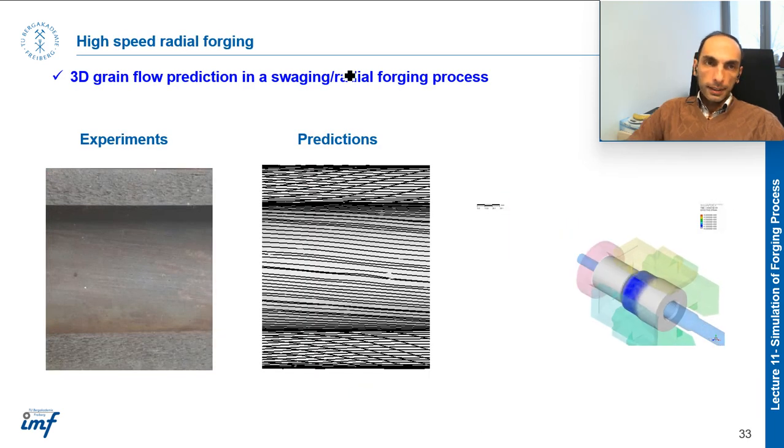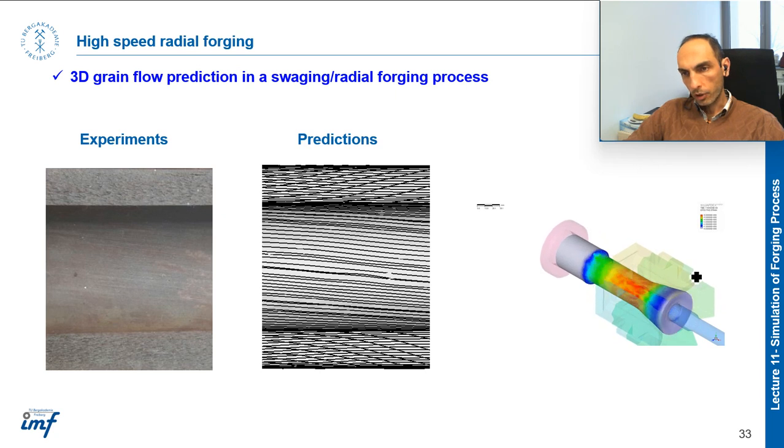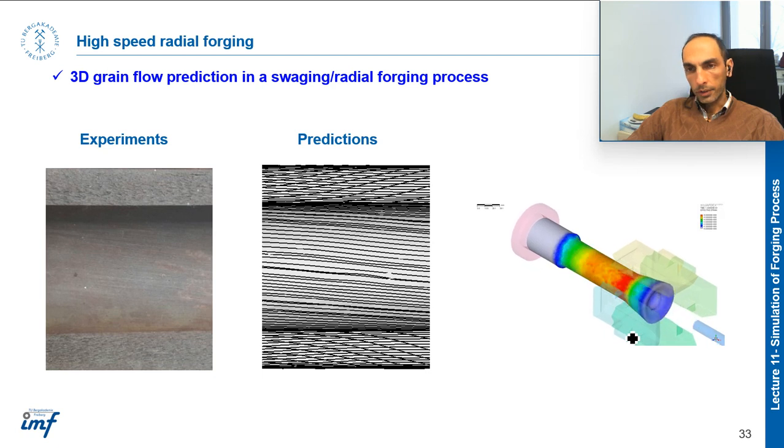This is an example of high speed radial forging. This animation shows a high speed radial forging. You have 2 or 4 dies here, and the workpiece has axial movement and rotation at the same time, and the deformation is applied.